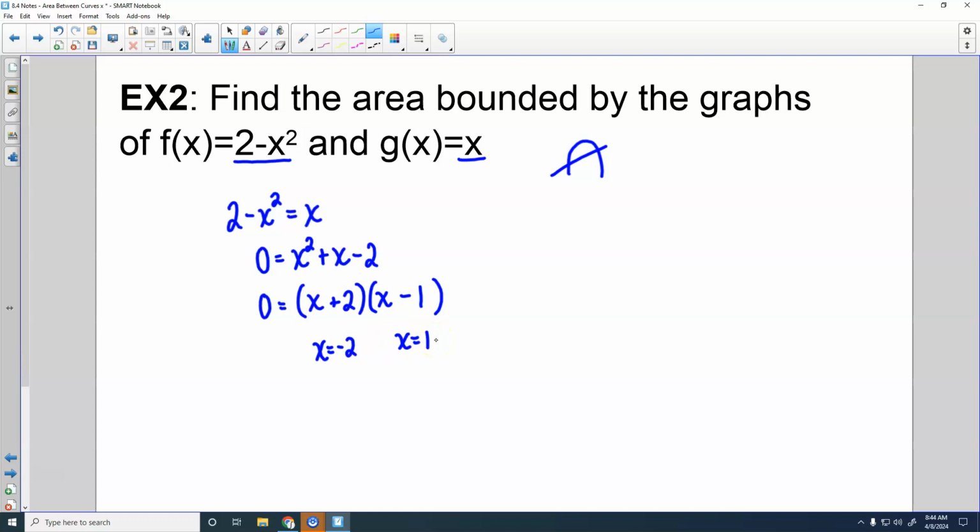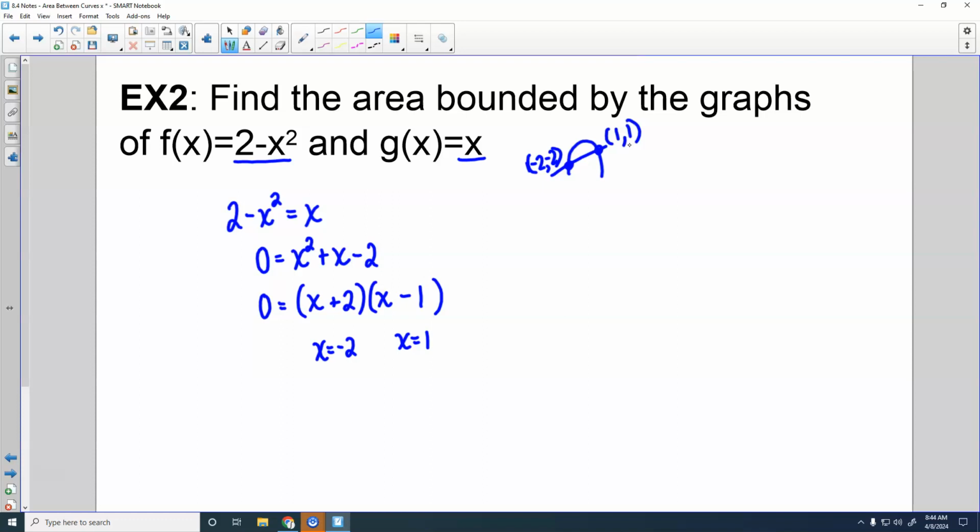So those are going to be our points of intersection here. So the x coordinate where this intersects over here is negative 2, and over here we intersect at 1. Actually, g of x equals x, so the points are going to be negative 2, negative 2 and 1, 1 there, because they have to be on the line. g of x equals x.